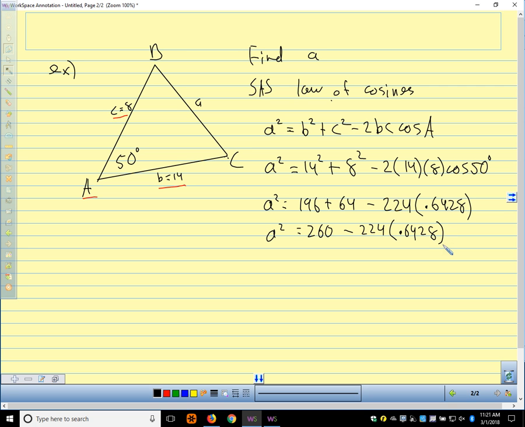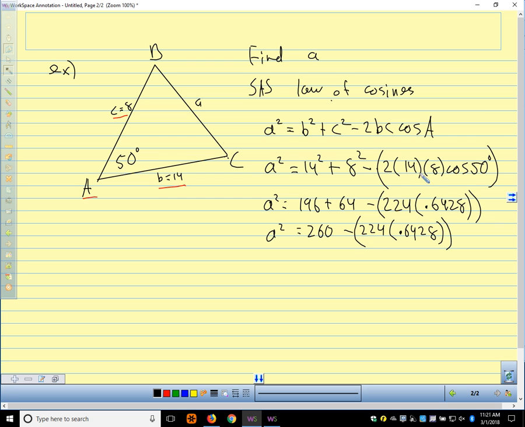Now, one place that students make mistakes is they say, oh, this is 260 minus 224. You can't subtract here because this 224 is with this 0.6428. So it might be a good idea to put parentheses there in front of that minus, so you remember that all this stuff with the cosine has to stay together.